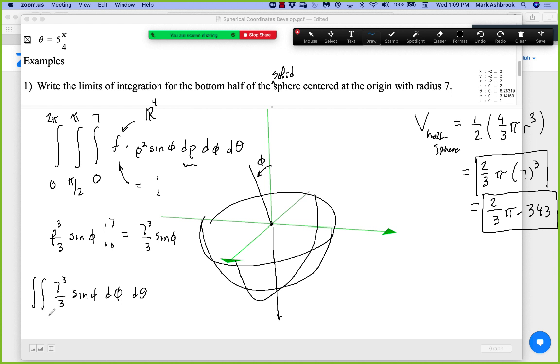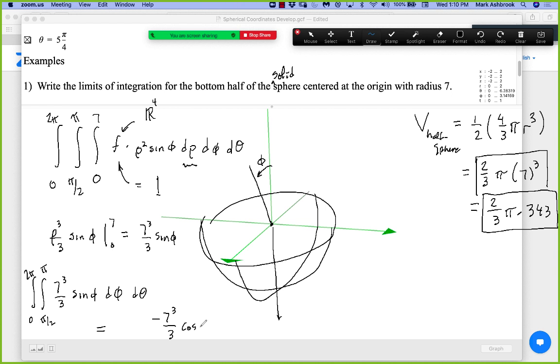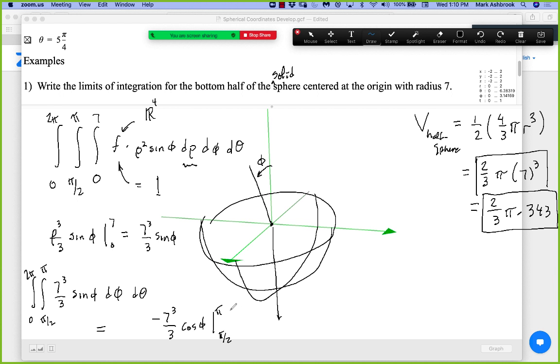And so the antiderivative of 7 cubed over 3 sine phi is negative cosine, right? And that from pi over 2 to pi. And then we'll have d theta.